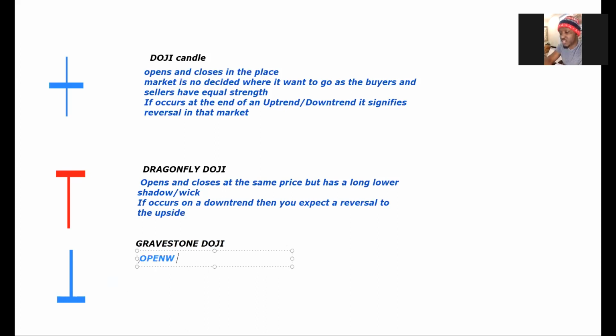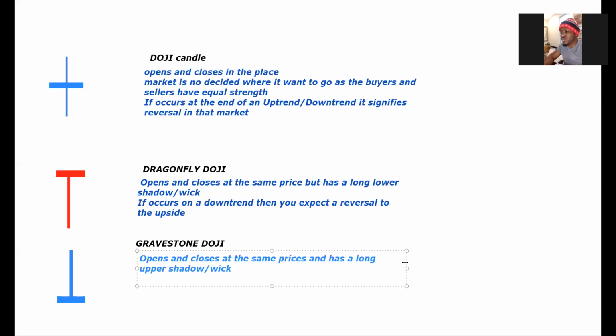It opens and closes at the same price and has a long upper shadow, so it's the opposite.